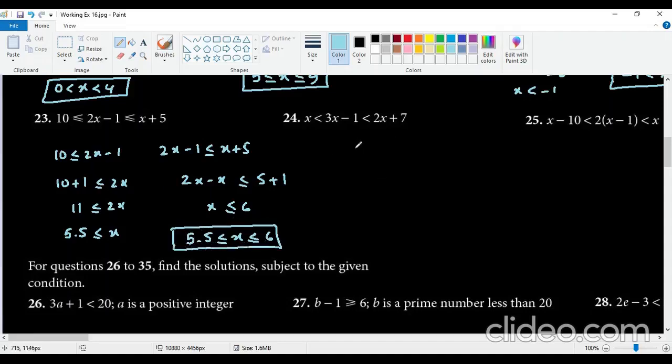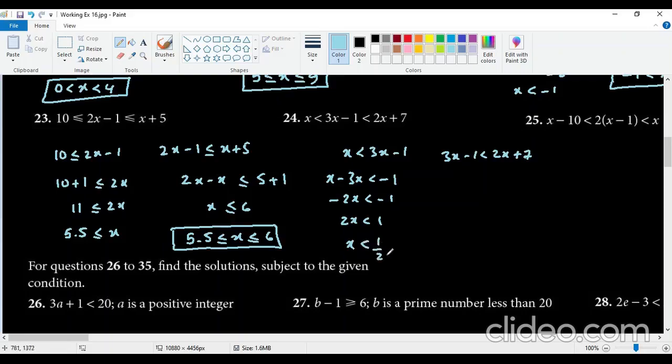When it comes to question number 24, it's saying x is less than or equal to 3x minus 1, and the second part is saying 3x minus 1 is less than or equal to 2x plus 7. Now in here, x minus 3x less than or equal to minus 1, that means minus 2x less than or equal to minus 1, that means 2x is greater than or equal to 1, that means x is greater than or equal to 1 over 2.